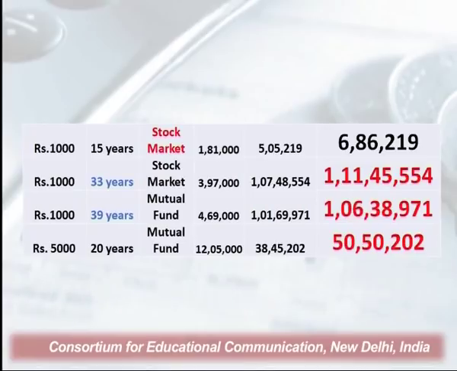So that means at the end of your productive life cycle, that's 60 years of age, once you are attaining the retirement age, you will have 1 crore rupees just by saving 1,000 rupees.